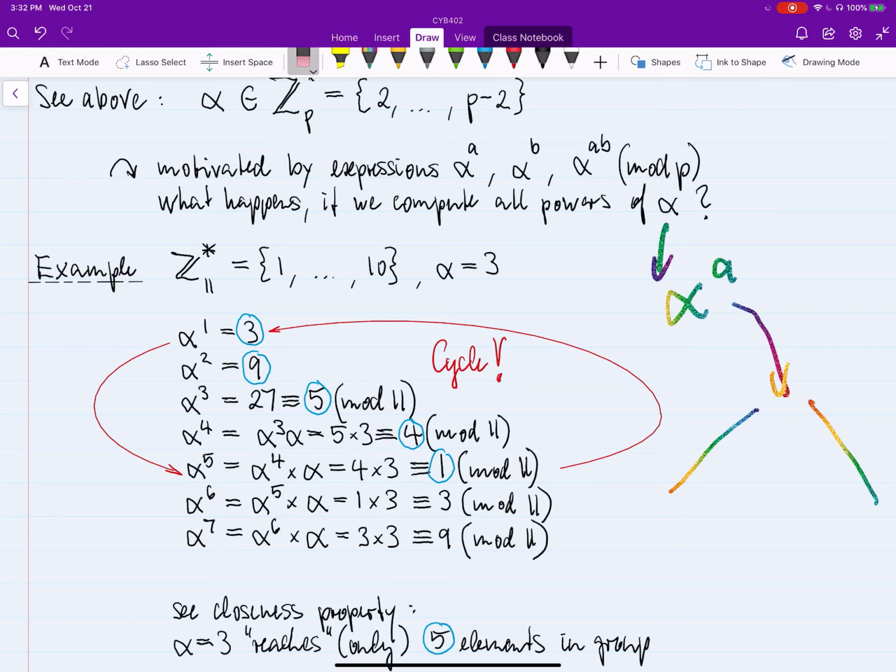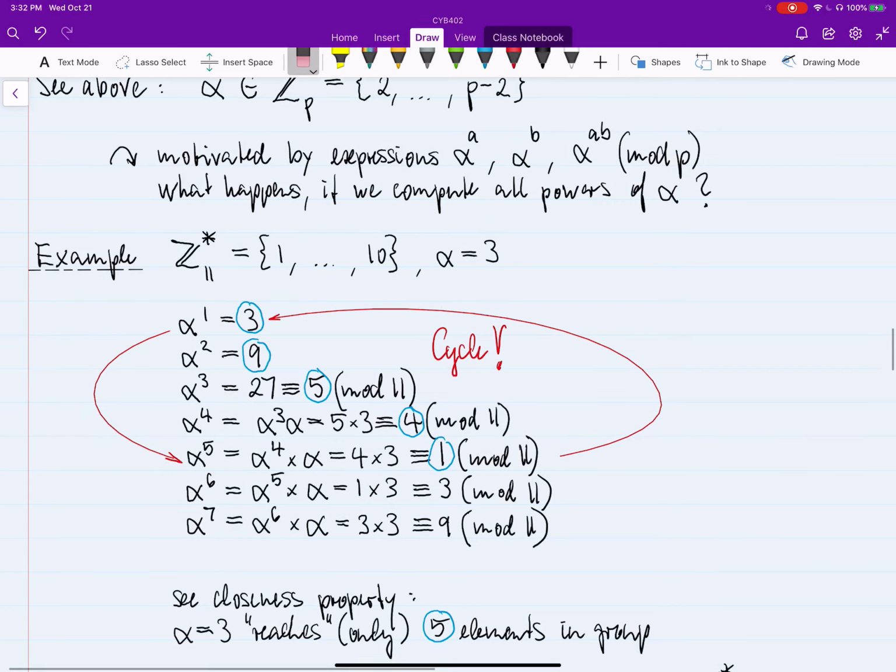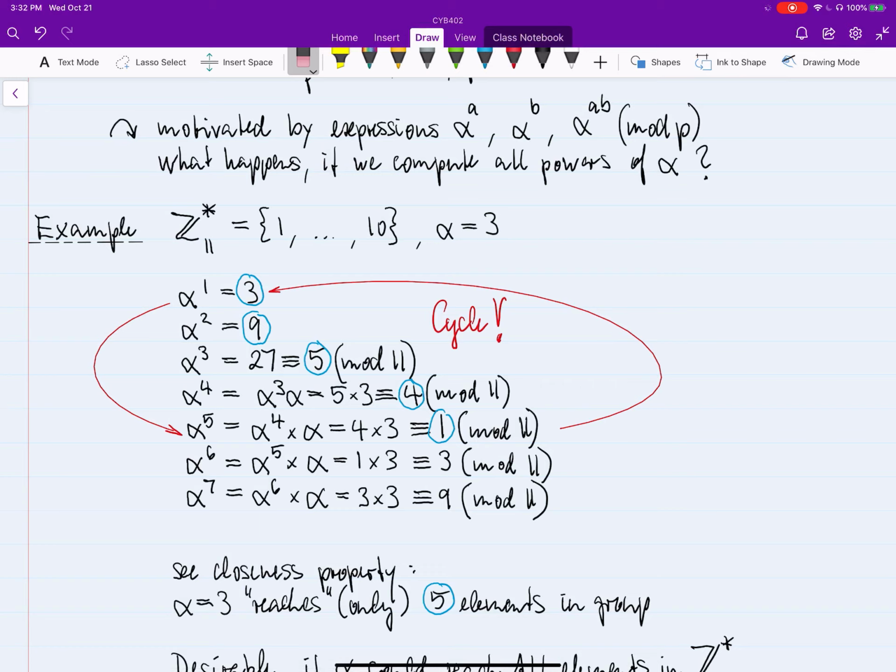This is the reason why we look at what happens if we compute powers of alpha for different alphas and different powers. In the first example, let's look into the group Z11 star. It has a cardinality of 10, so p is 11, and 11 minus 1 is 10. And we choose an alpha which is 3.